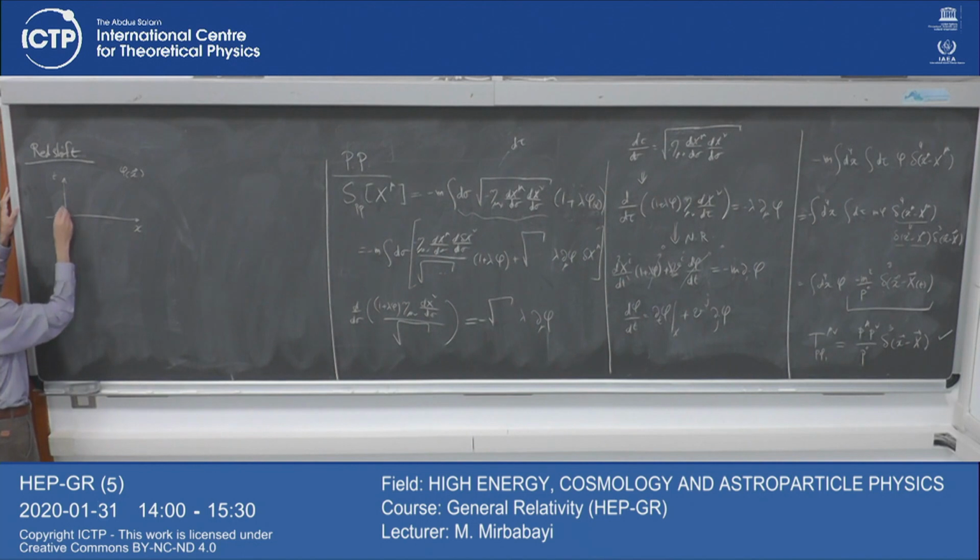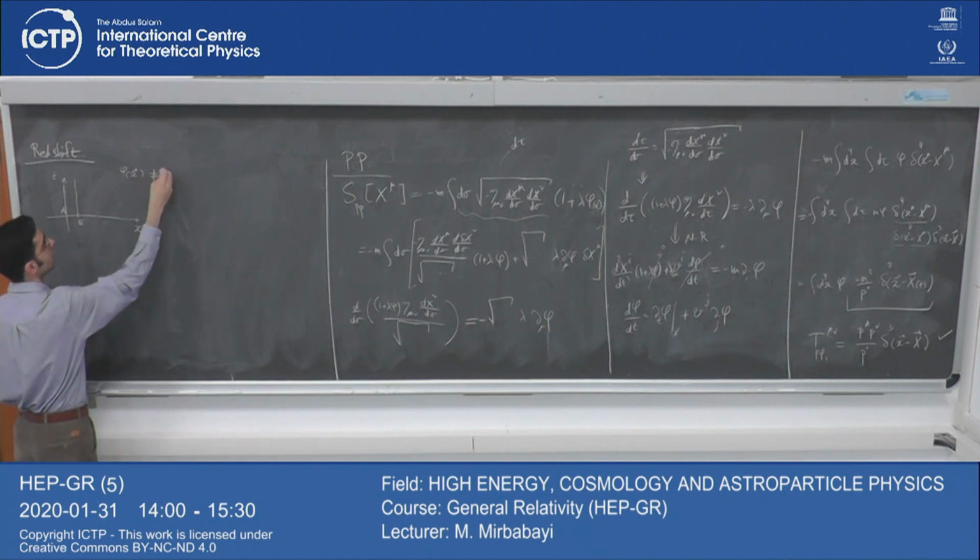Say Alice is at the origin. And then we have another, let me draw it closer, another observer again at some constant position x. Bob is at some fixed position, and then they have clocks. They measure time, and there is this non-trivial field here.